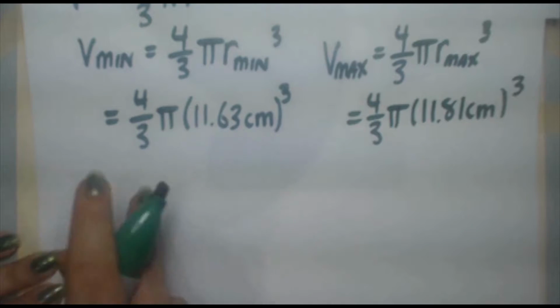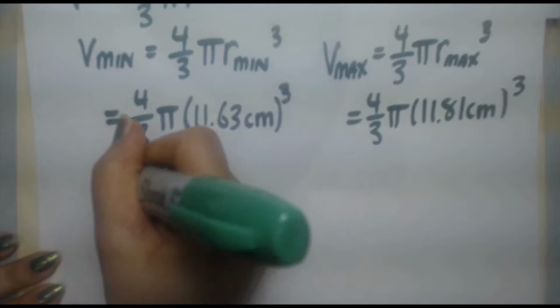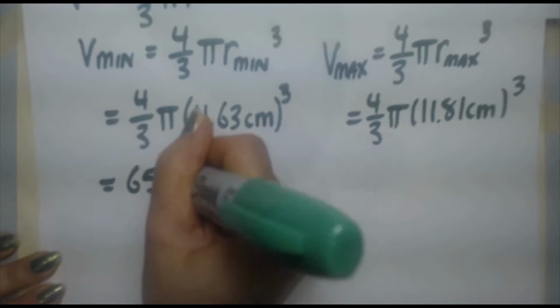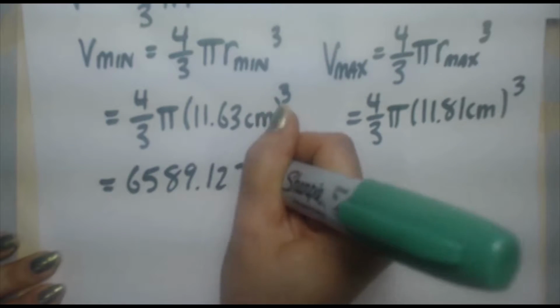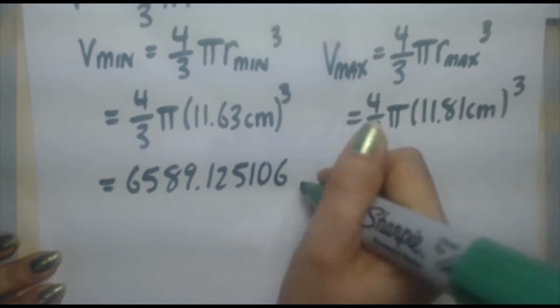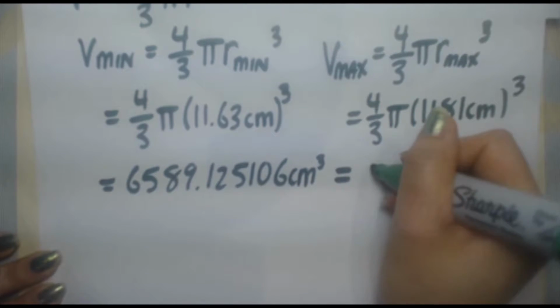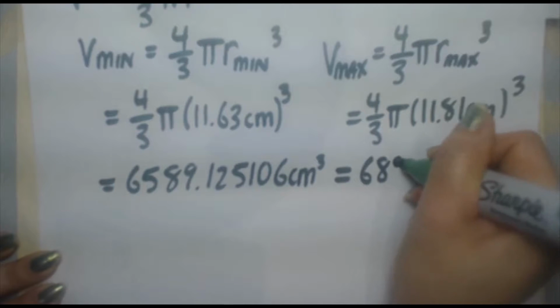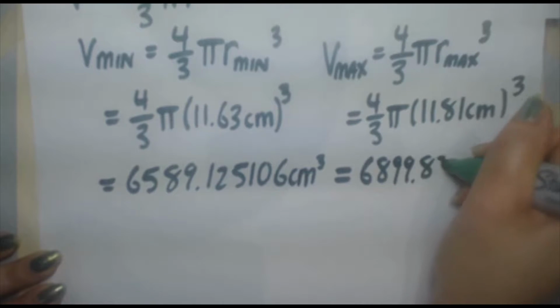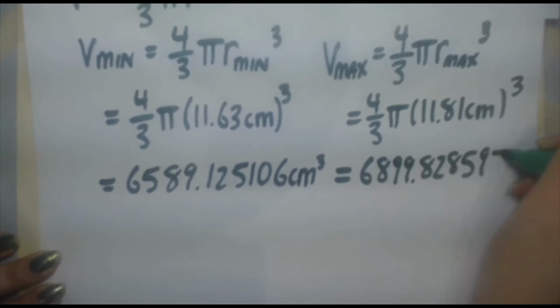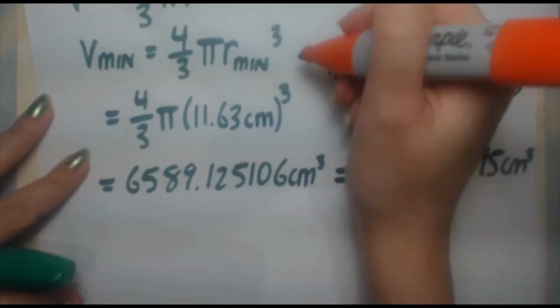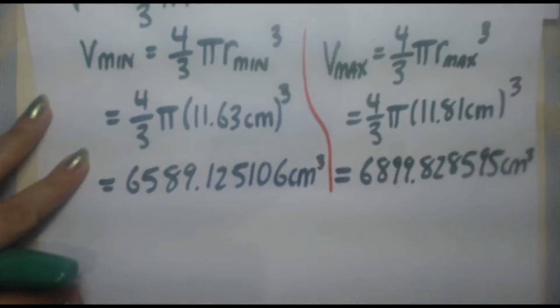If you punch that in your calculator, you're going to get 6589.125106 centimeters cubed. And for the max, you are going to get 6899.828595 centimeters cubed. Let's just do a line there down the middle to separate the two.